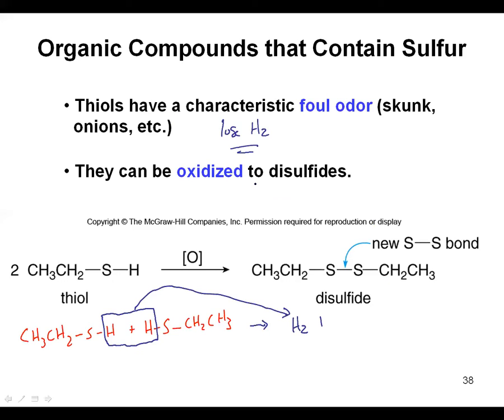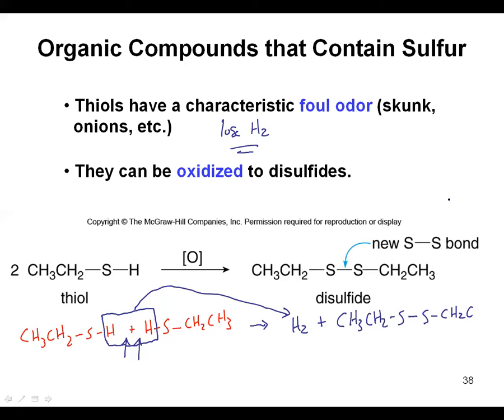Once it loses its two hydrogens, you essentially just squish together whatever's left over. You start on the left-hand side and write what's there, CH3, CH2, we have a sulfur. You take out the middle section here and then connect over to the next sulfur and what's left there.